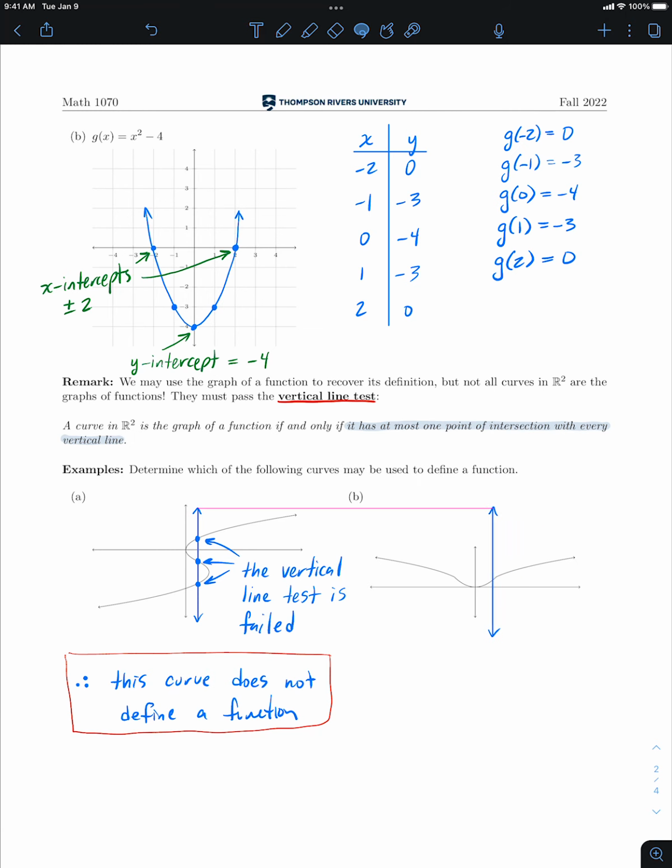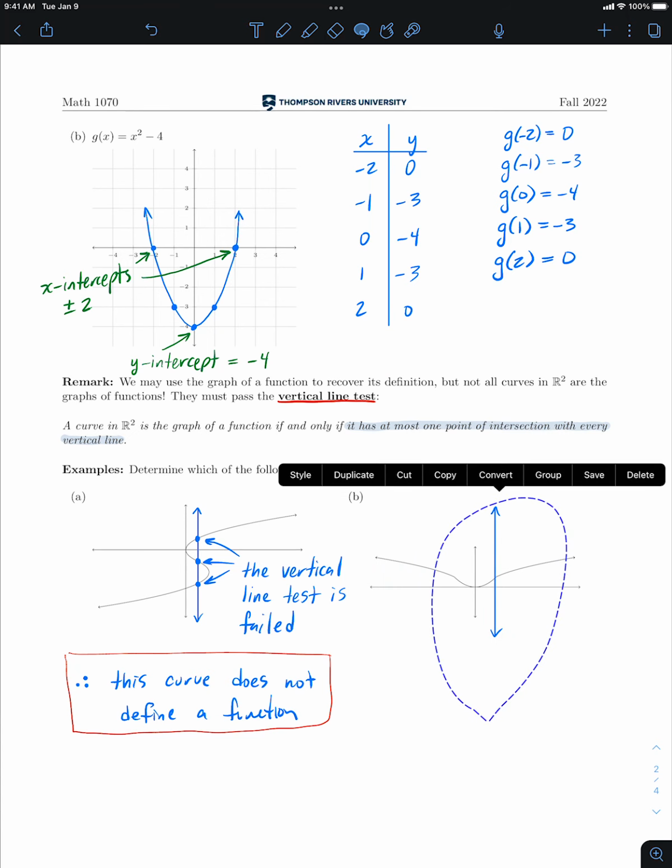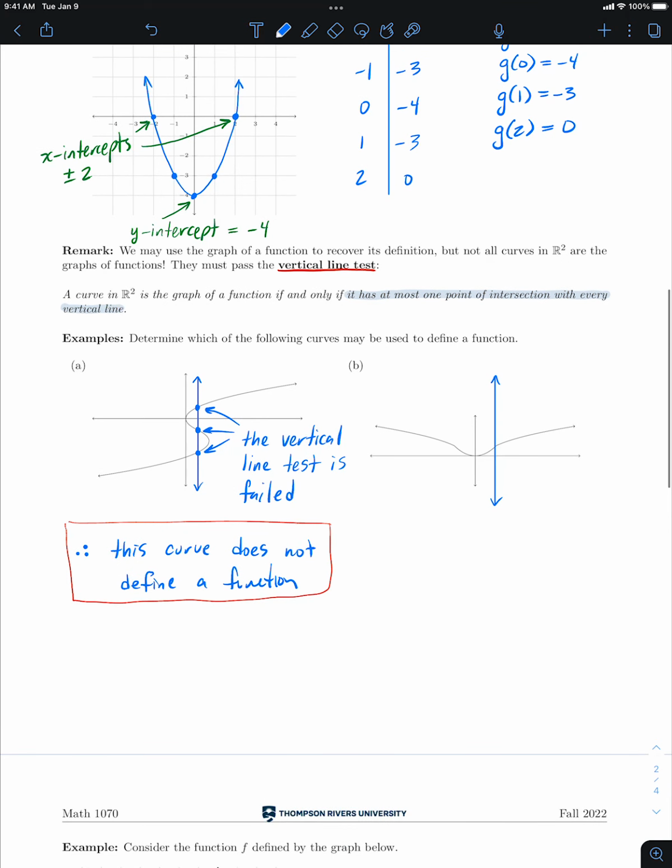So since this line doesn't, anywhere along here, intersect the graph more than once, we say that the vertical line test is passed by this function. So this curve passes the vertical line test.